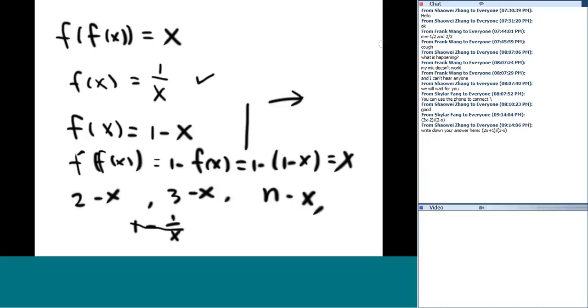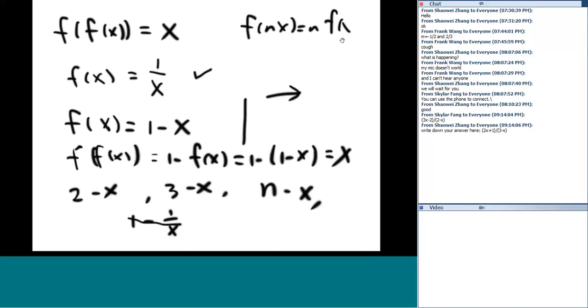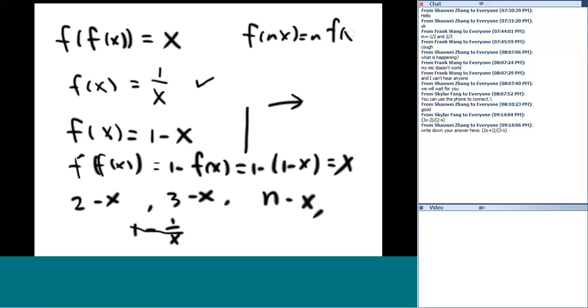Okay, the next one is also interesting. Exercise 77.6. Find whether the floor function satisfies f(nx) equals n f(x). Do you know what the floor function is? The floor of 3.14 is 3.